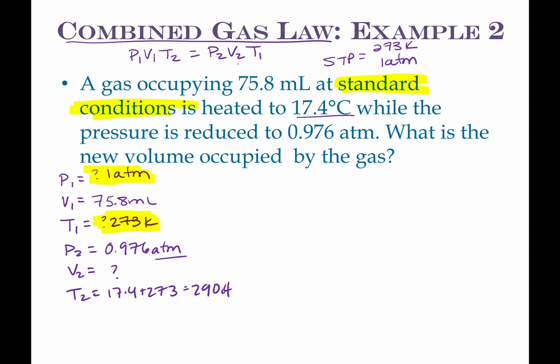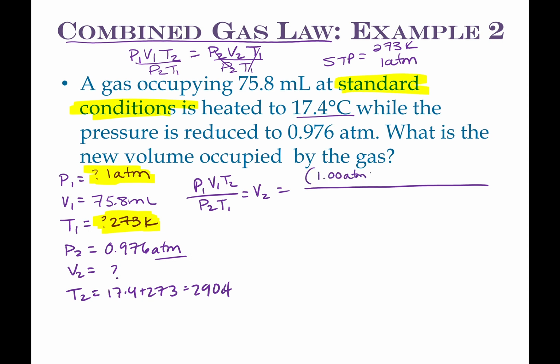And we're going to be solving for V2, so we divide both sides by P2 T1. So P1 V1 T2 divided by P2 T1 is equal to V2. P1 is 1 atmosphere times V1, which is 75.8 milliliters, and T2 is 290.4 Kelvin. On the bottom, we have P2, 0.976 atmospheres, times T1, which is 273 Kelvin.